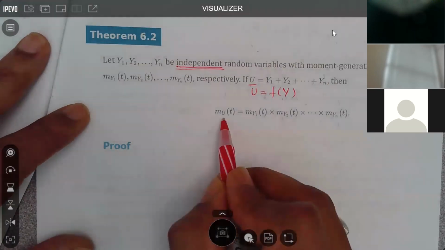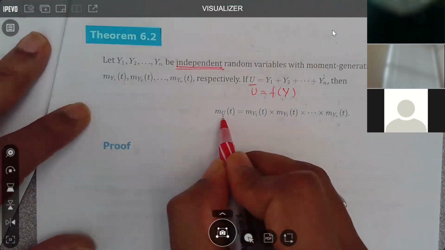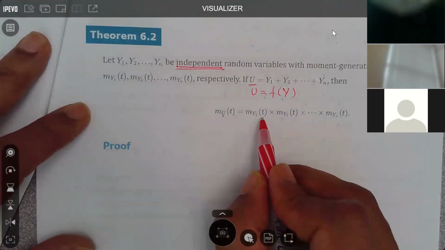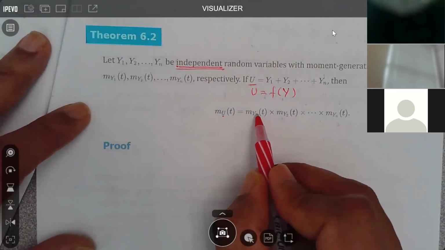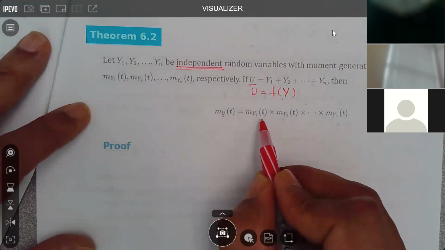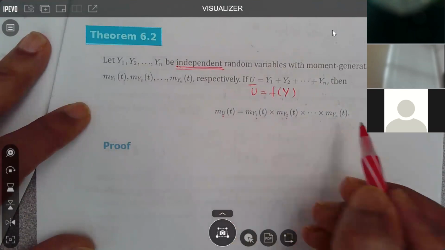Then you can find the moment generating function of the new random variable u as a multiplication of the moment generating function for y1, moment generating function for y2, and moment generating function of yn.